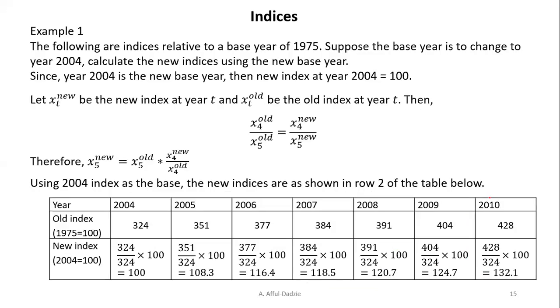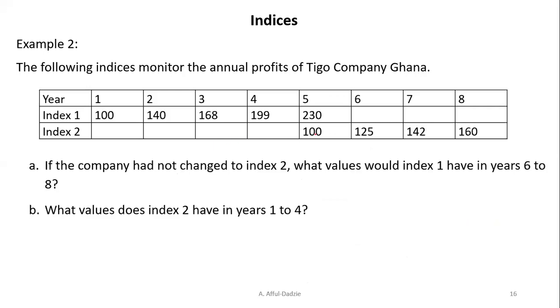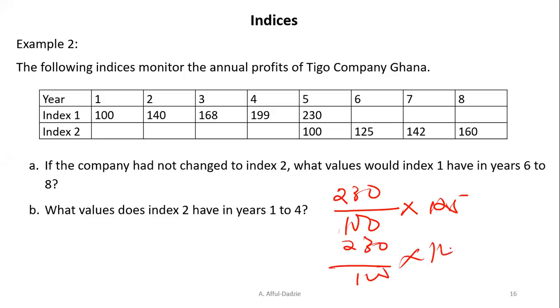So in this instance, we need to find the values for these ones. We will take the new index divided by the old index, and multiply by M, which is the index that we know, which is 125. It is just that straightforward: 230 over 100 times 142.